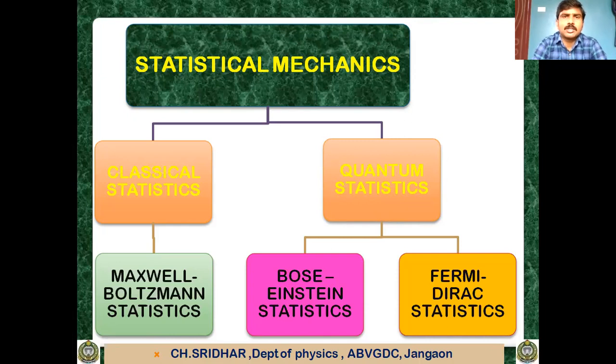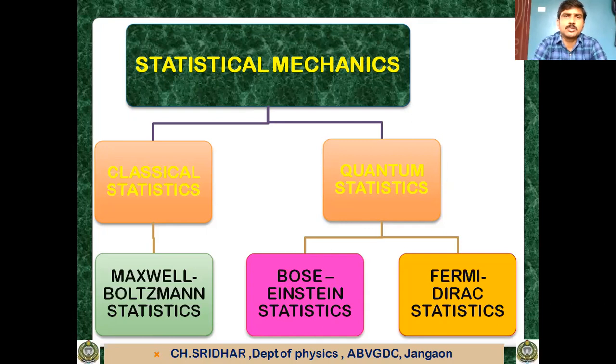And in turn, the quantum statistics is classified into two, where the spin quantum number comes into the picture. If the particles have spin that is an integral multiple of h by 2 pi, then they are called bosons, and the concerned statistics is called the Bose-Einstein statistics.